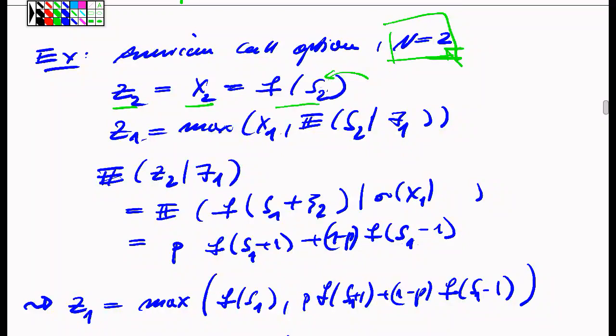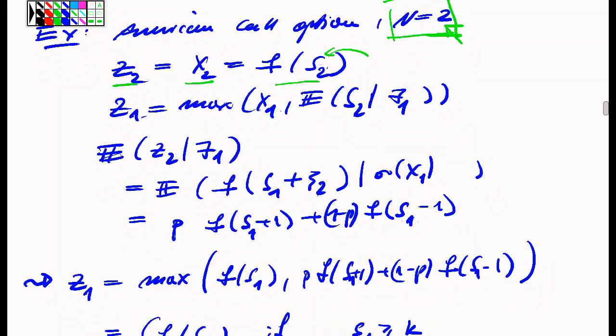So if you decide with the execution until the very end, then at the end you get this amount F, that's the outer function, here this shifted, truncated identity function applied to the stock price at time 2.